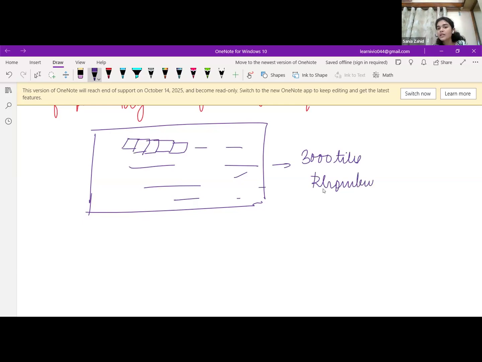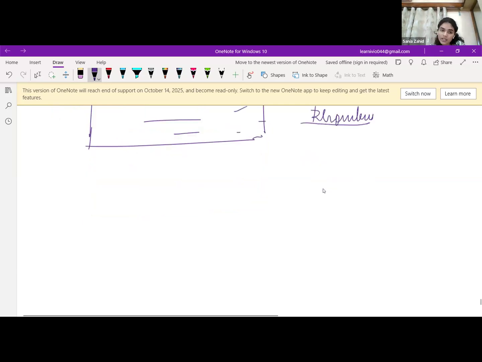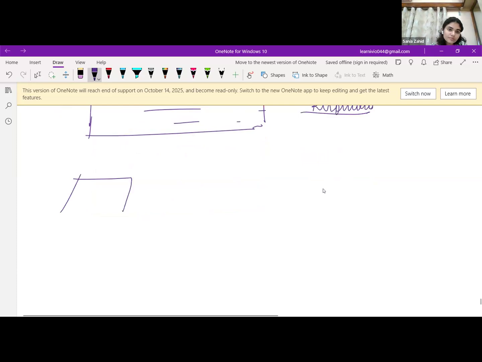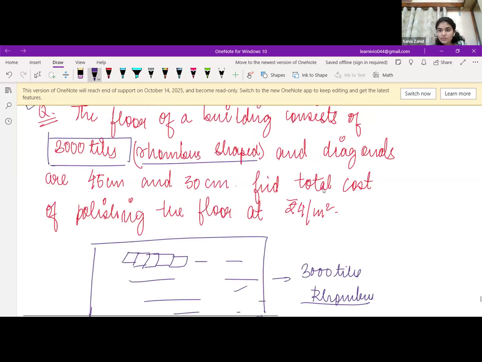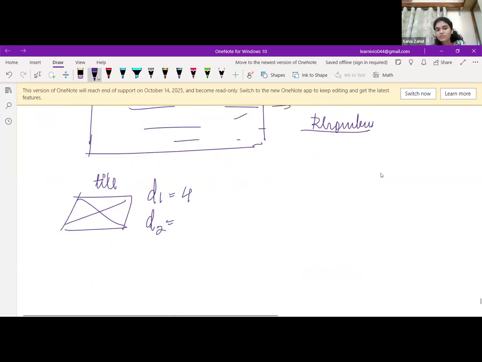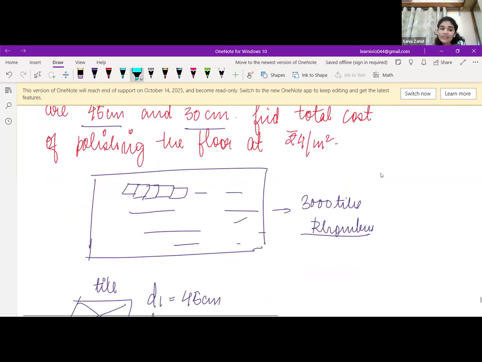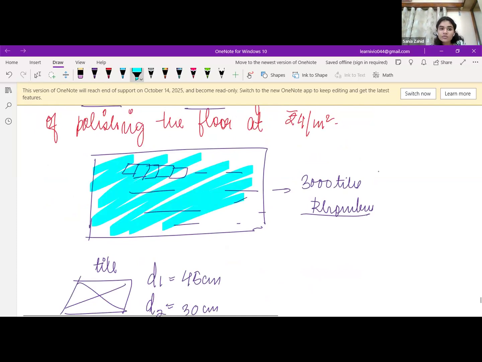They've given you the dimensions of each tile: diagonal 1 is 45 centimeters, diagonal 2 is 30 centimeters. Now find the cost of polishing this entire floor at a cost of rupees 4 per meter square.